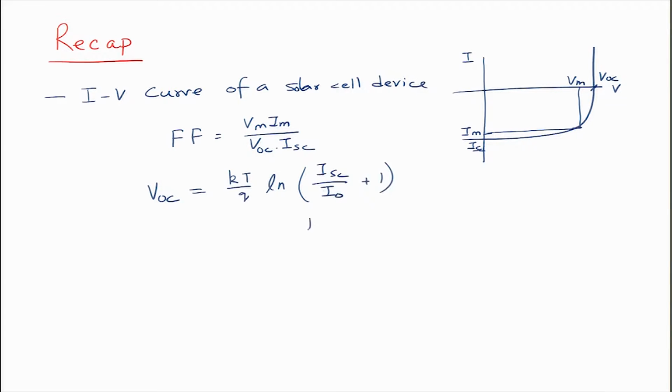You can also write this as JSC divided by J naught, because areas will cancel each other. So, this is okay.